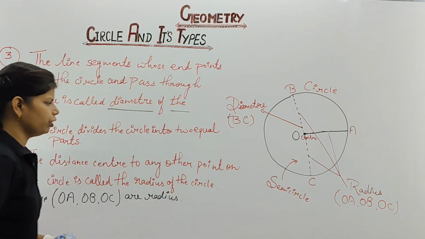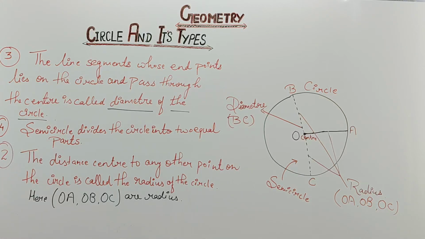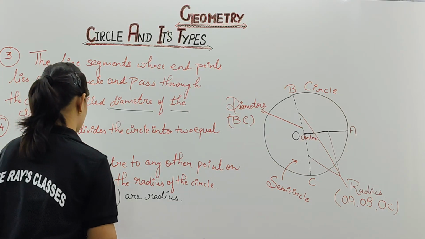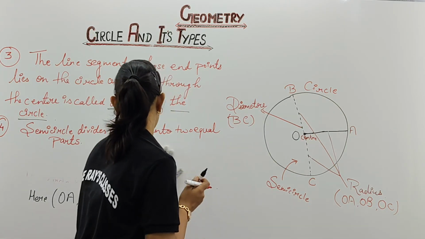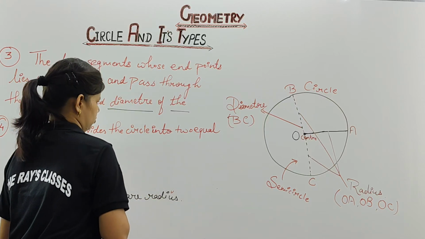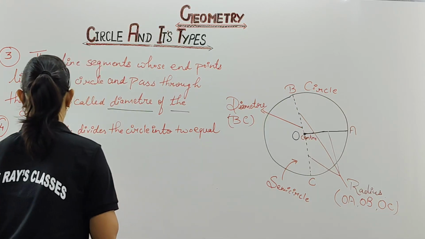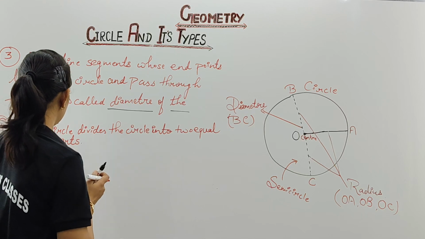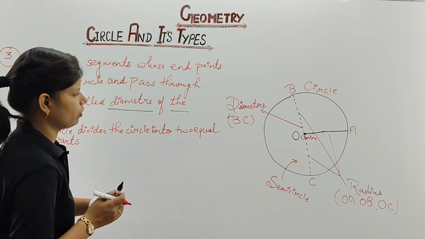Clear? Next, last point which we are left here with is your circumference. And the part which it is dividing, like a semicircle divides the circle into two equal parts, each part is called your semicircle. Or you can write here also, like here I have written semicircle divides the circle in two equal parts.